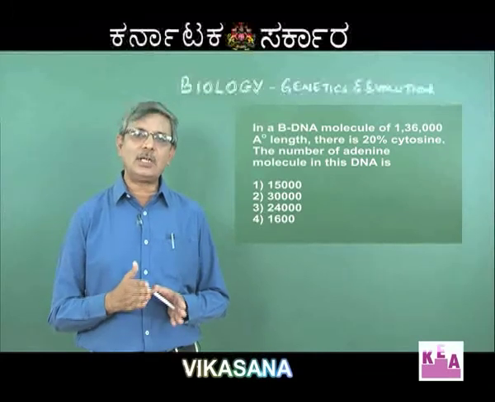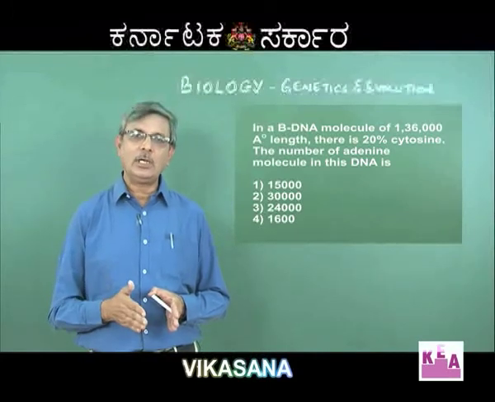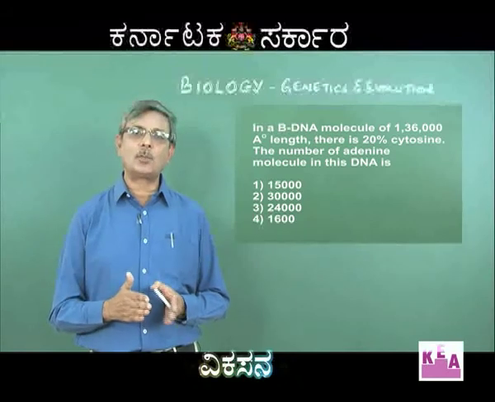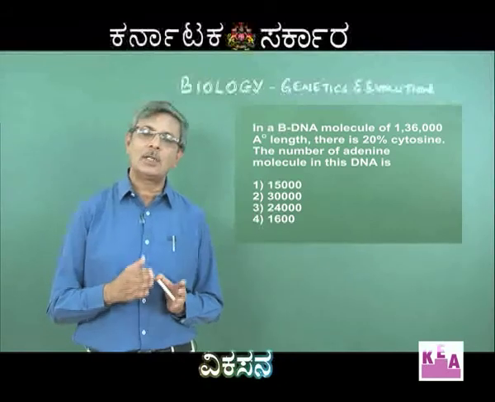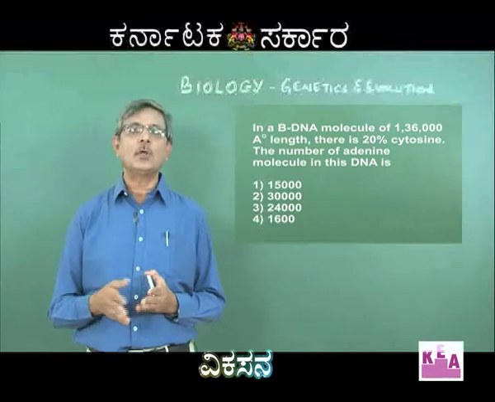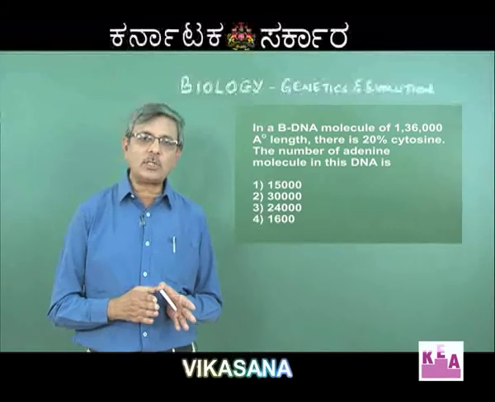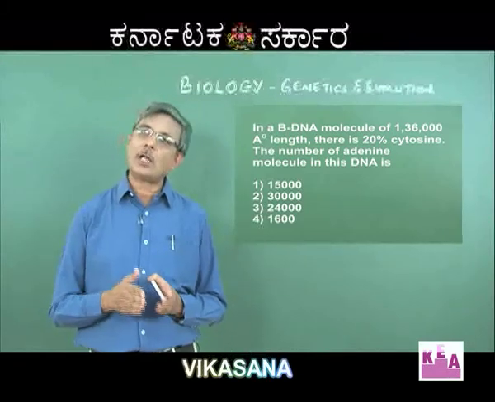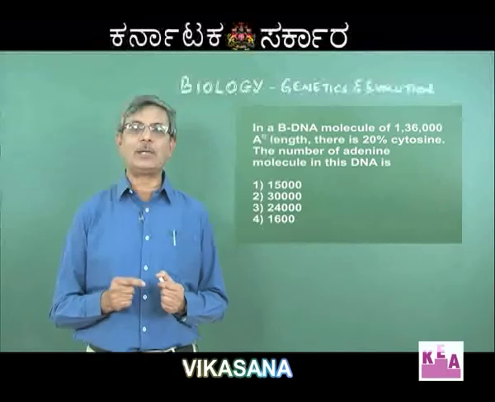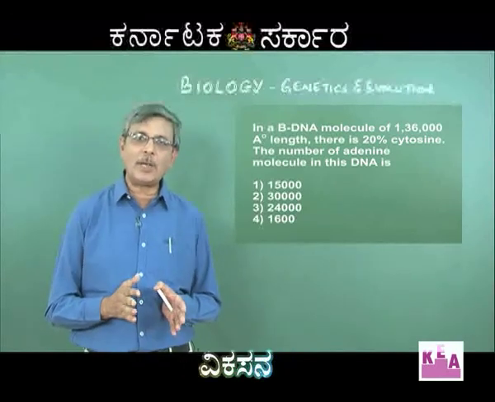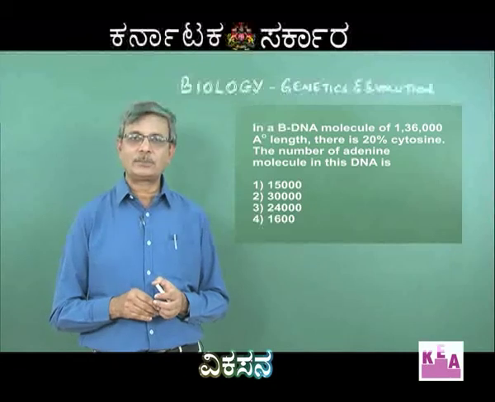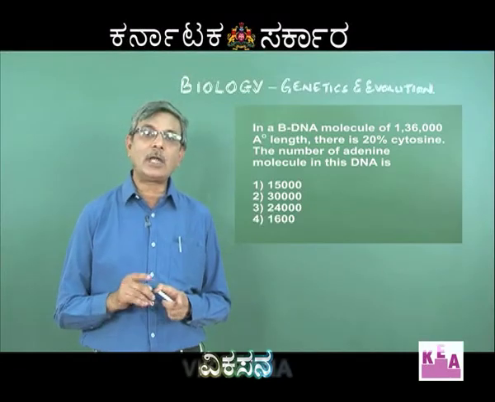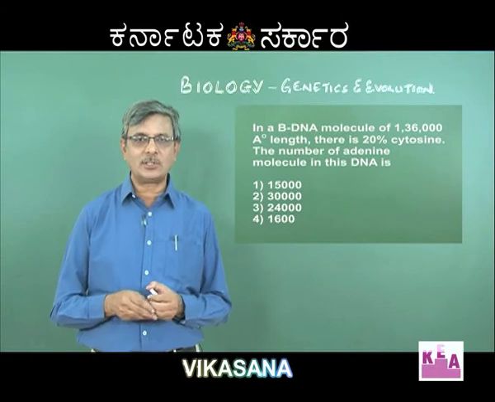Since wherever C is there, it is pairing with G, the number of C is equal to the number of G, that is, the number of cytosine is equal to the number of guanine. If cytosine is 20%, guanine is also 20% in that DNA molecule. Together they make up 40%. That means adenine and thymine together make up 60%.